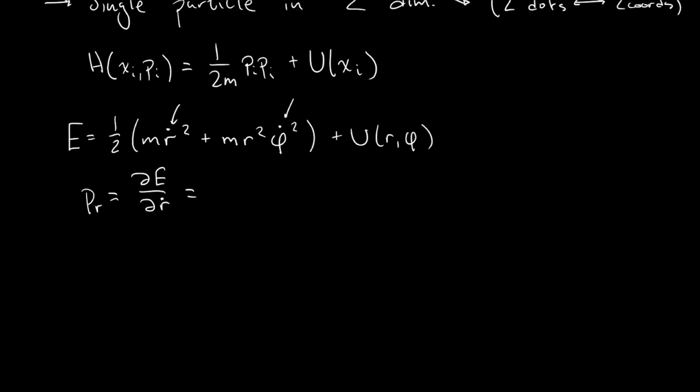And so this is going to give me m r dot, but it's also going to give me p sub phi equals dE/d phi dot, and this is m r squared phi dot. And just as a quick side note, we see that this is not an actual momentum in the same way that this is a momentum. In other words, it's not a linear momentum. This is in fact an angular momentum.